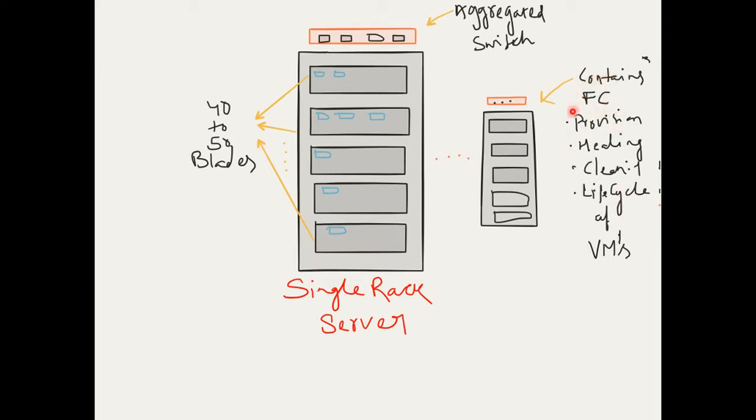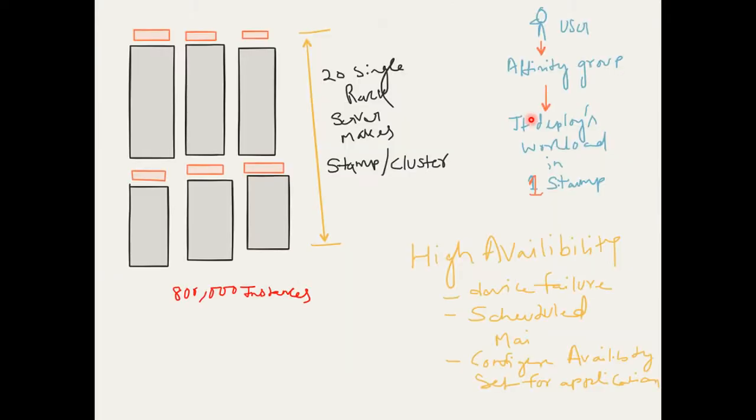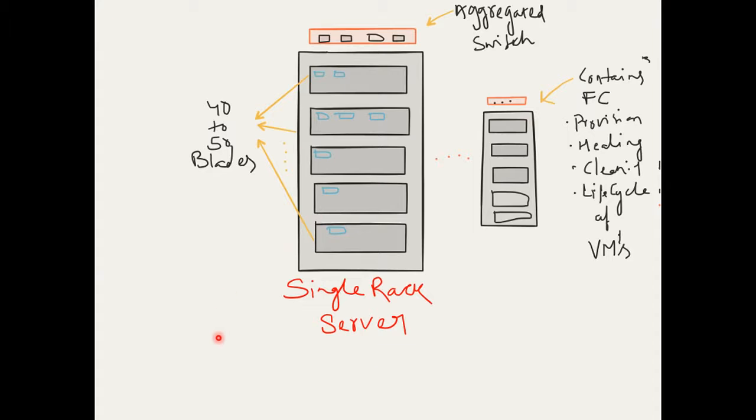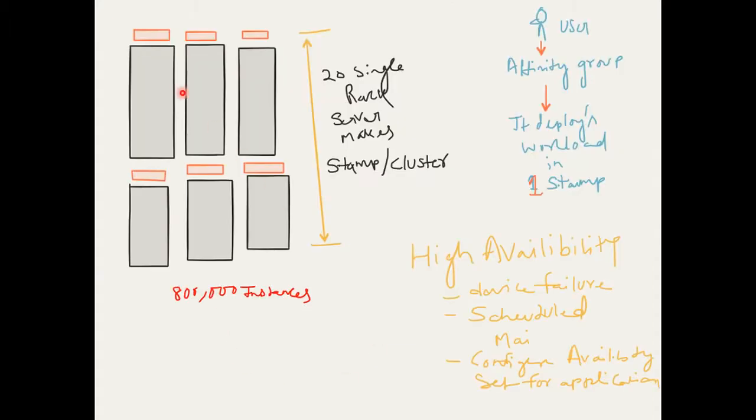So we have single rack servers, and among them we have a dedicated server which has the fabric controller in it. When we bring around 20 single rack servers together and keep them in a space, we call that a single stamp or a cluster.